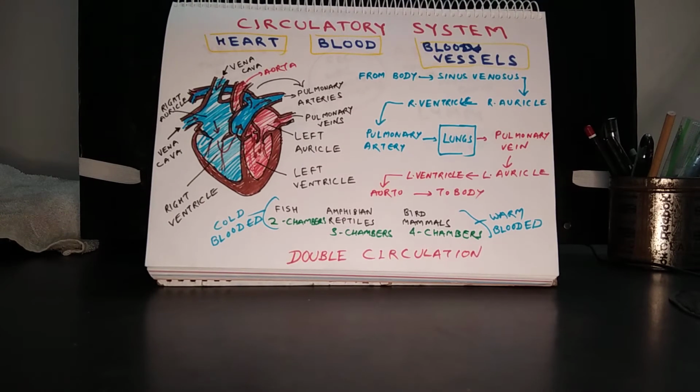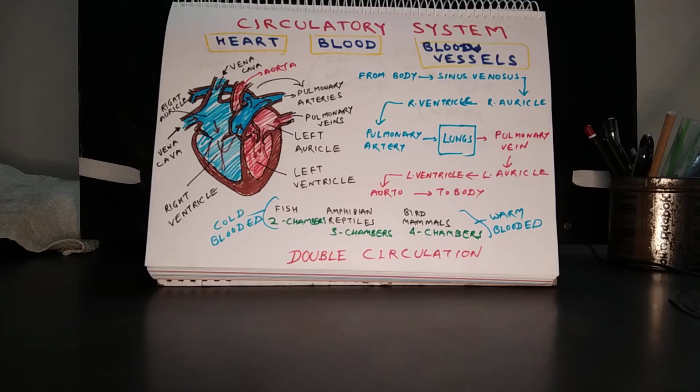Double circulation is when the blood passes through the heart twice in one cardiac cycle. One cardiac cycle means one heartbeat. It ensures that oxygenated blood and deoxygenated blood are completely separated from each other. This provides better efficiency in terms of blood circulation.